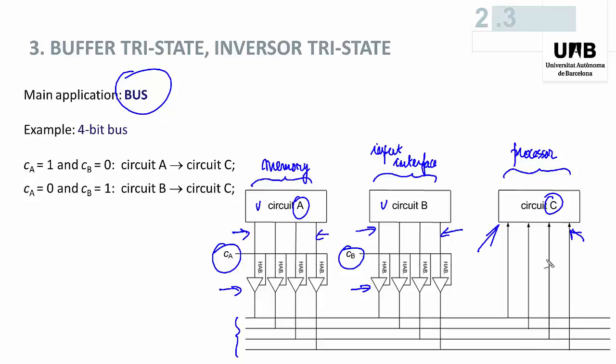On the contrary, if you have to transmit some data from circuit B to the processor, to circuit C in general, then CA must be equal to 0 in order to disconnect circuit A from the bus, and the bus is taken by circuit B through these three-state buffers. That means that CB must be equal to 1. This is the main application of three-state buffers.